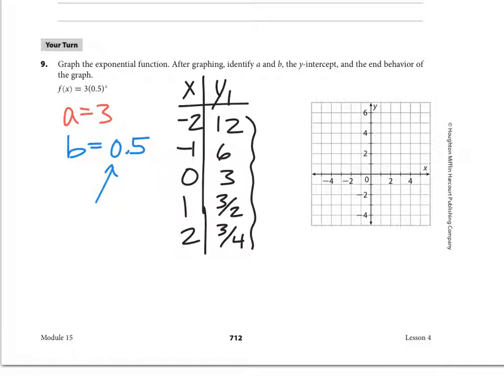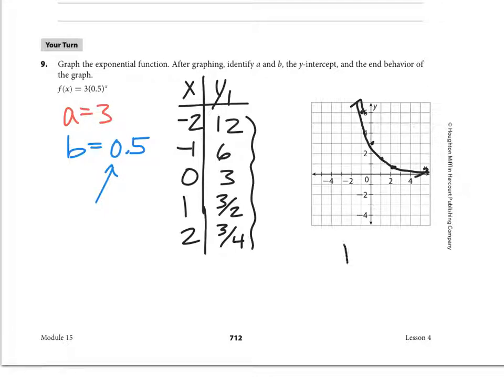So then we go and plot our points. Well, -2, 12 doesn't fit. That's okay. We'll go -1, 6, 0, 3, 1, 1.5, and then 2 is 3/4. So then this one is curving that way.